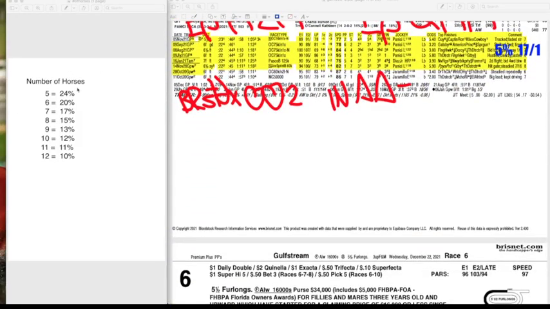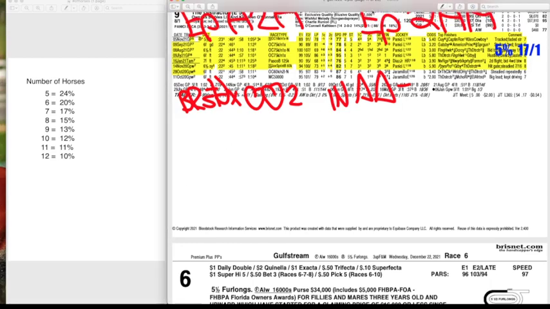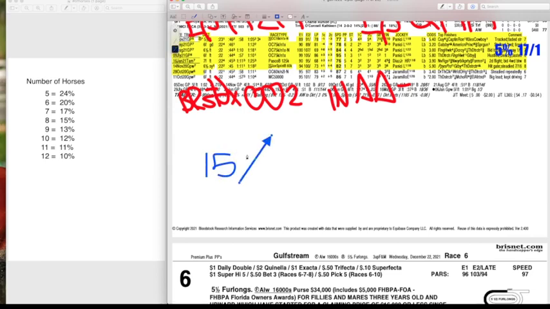So I look at my little list right here. 8 horses in a race. Fair value odds, everyone starts out with basically a 15% chance if this was not a horse race and everyone had an equal chance to win a race. They would all be starting at a 15% chance to win a race.